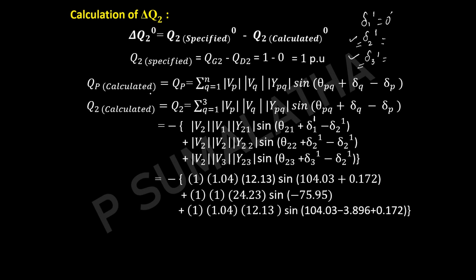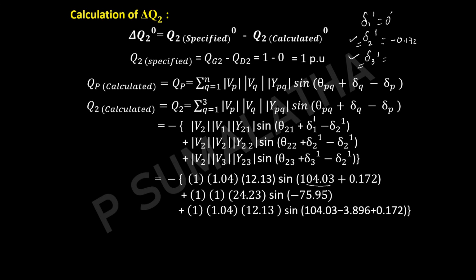Minus, so V2 value is 1 and V1 is 1.04 because it is a slack bus. Mod Y21 is 12.13 and theta 21 is 104.03. So here if you see, the del 1 value is 0 degrees, so that I have not represented here. Minus of, we got the del 2 value as minus 0.172.